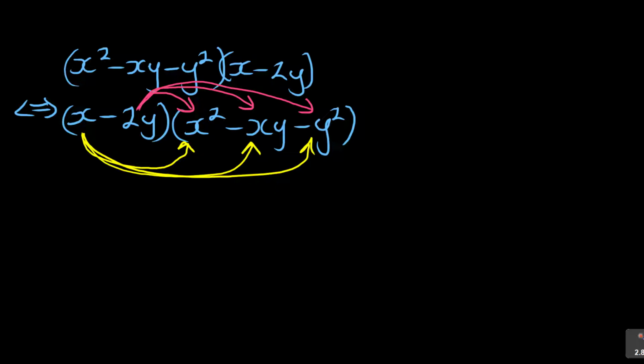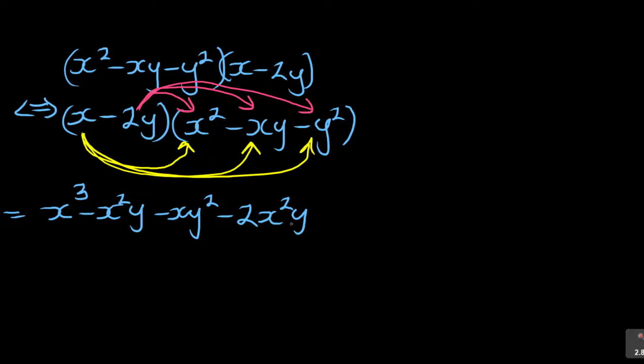So let's start with the first one. So x times x squared, it's x cubed. See that? x times minus xy, so it's minus x squared y. Then x times minus y squared is minus xy squared, and then minus 2y times x is minus 2xy.